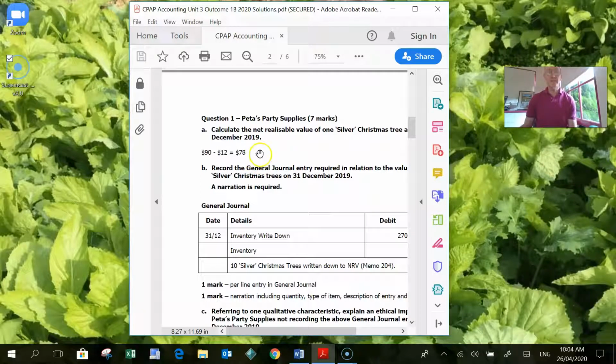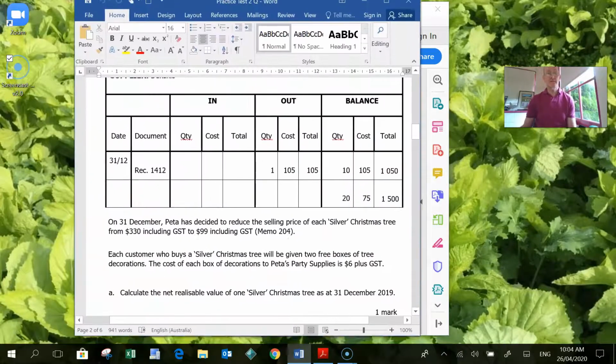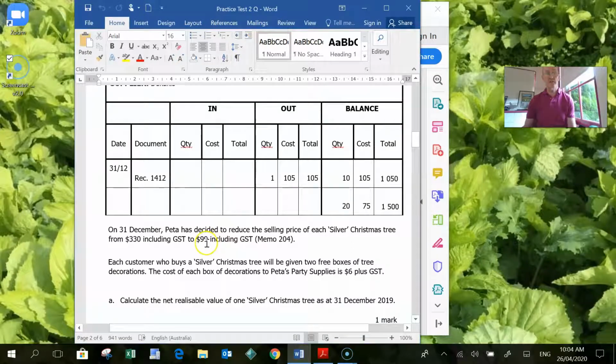Now, you had a lot of practice actually, a lot of detailed explanations from me, and I constantly said that it's the estimated selling price less cost of marketing, selling and distributing the item. So the selling price was $90, which most of you identified, which was the 99 less the GST.